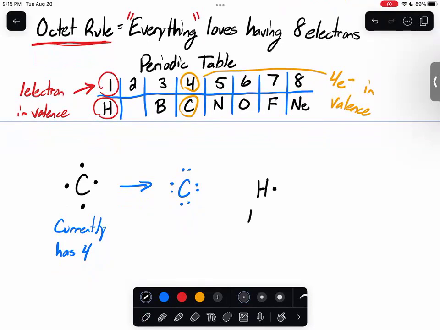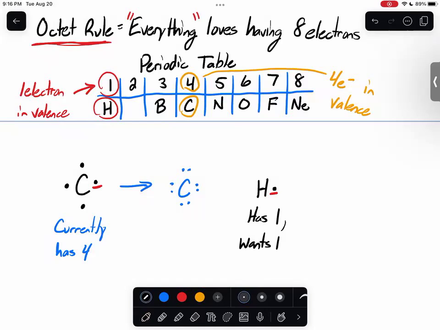But unlike carbon, hydrogen does not want 8 electrons. Rather, hydrogen is one of the few exceptions that, due to just having s orbitals, it only wants 2. So, to give it 2, that means that it wants 1 electron. And it can get that from that carbon, right? We can take the 1 electron from each of them and we can bring them together to make a bond.